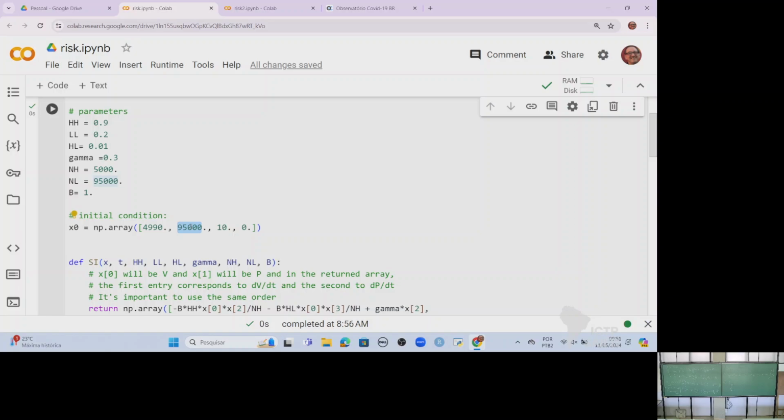You have beta high low times S high times S low. So my vector x is given by S high, S low, I index high, I index low. Okay. So this is x0, x1, x2, x3.